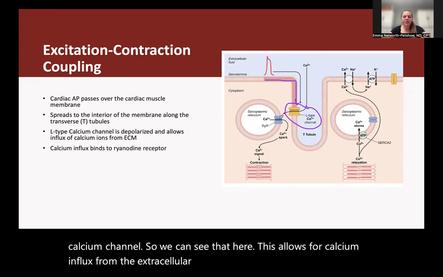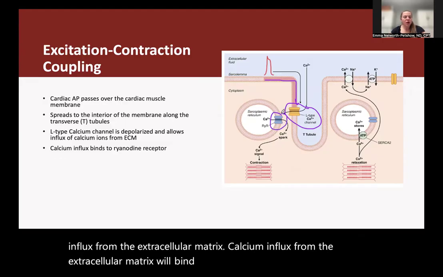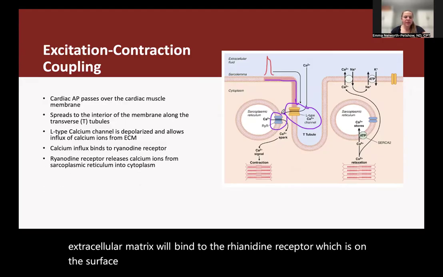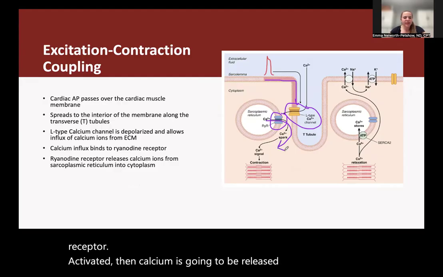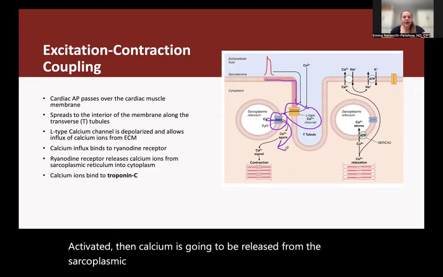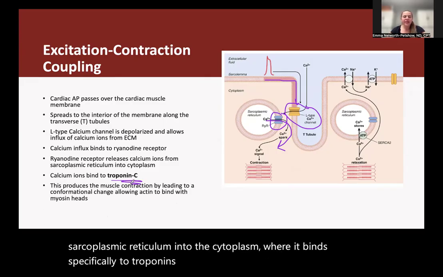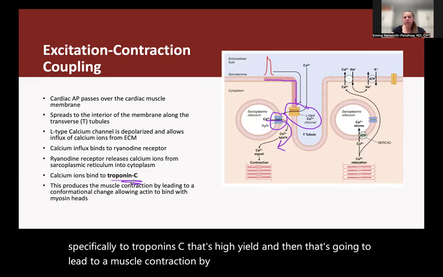Calcium influx from the extracellular matrix will bind to the ryanodine receptor, which is on the surface of the sarcoplasmic reticulum. And when the ryanodine receptor is activated, then calcium is going to be released from the sarcoplasmic reticulum into the cytoplasm where it binds specifically to troponin C, that's high yield. And then that's going to lead to a muscle contraction by causing a conformational change that allows actin and myosin to bind.